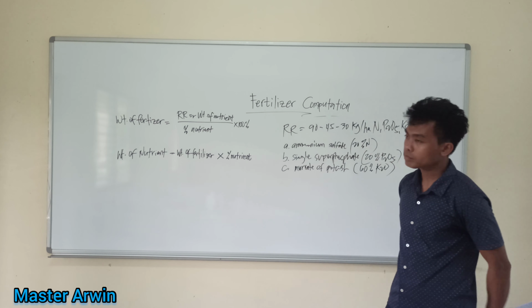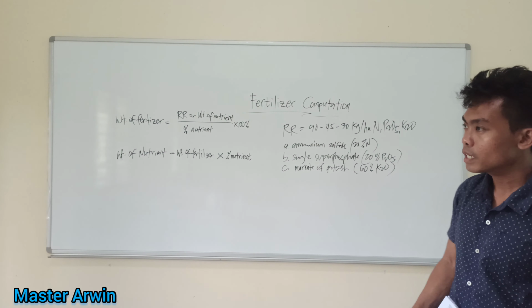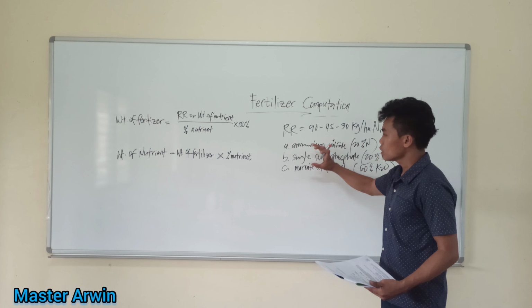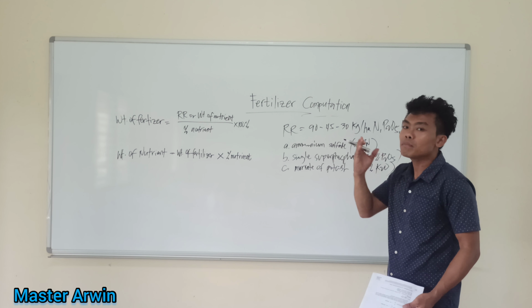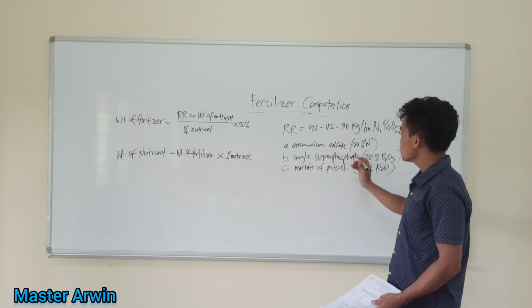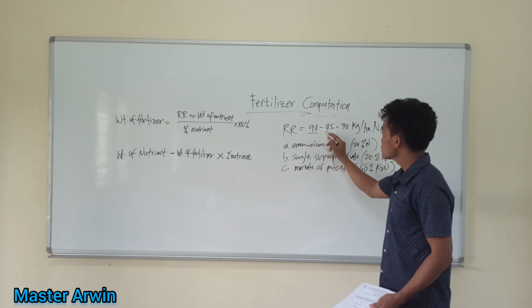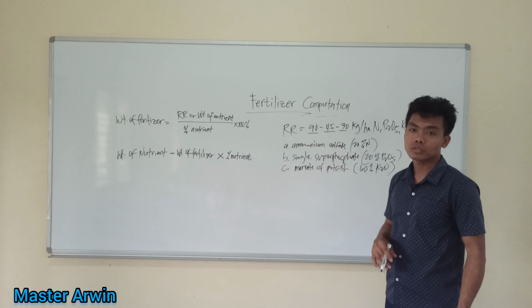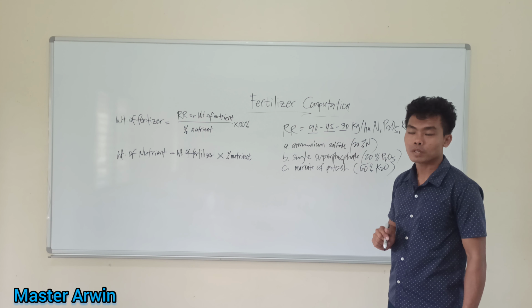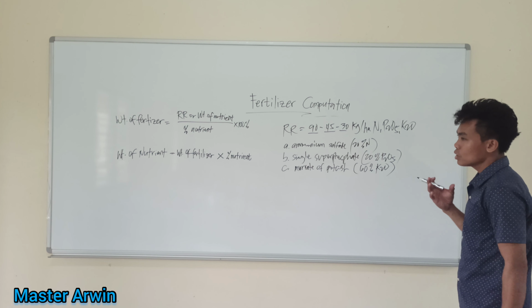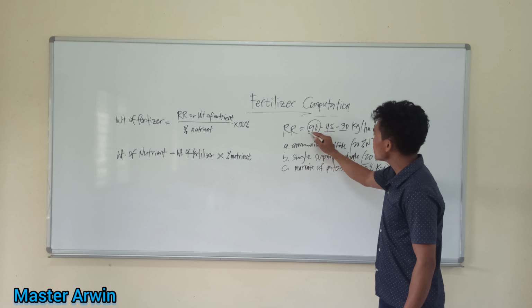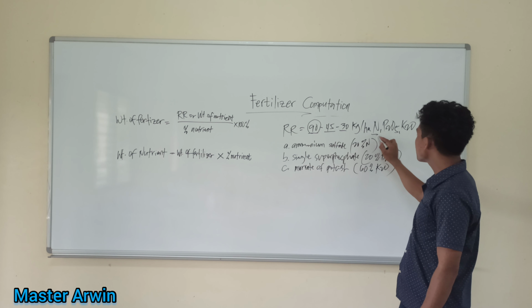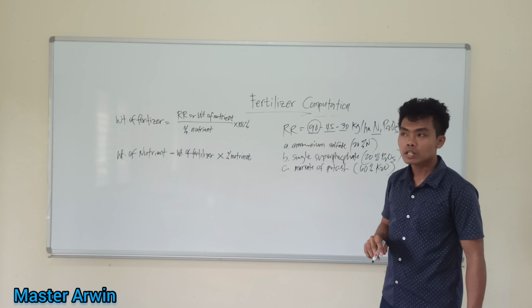And then the question is, how much of these fertilizer materials will be added to the soil to give this amount of nutrients? Okay? So the soil needs 90 kilograms of nitrogen per hectare.